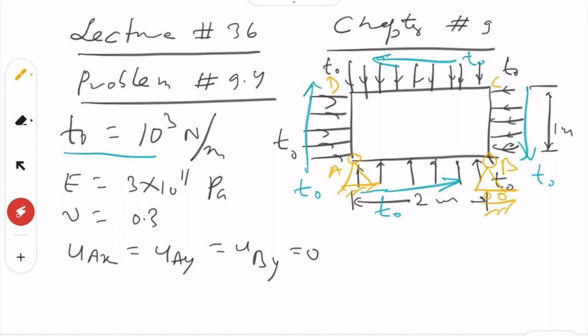Inverting K manually may take a long time, so this may be suitable for solving on a computer, or it can be solved manually, but you have to spend more time inverting the stiffness matrix. Still, let us see how we can solve it.